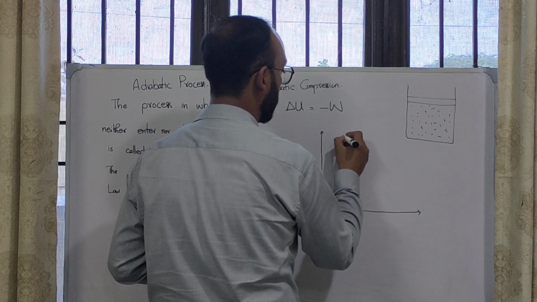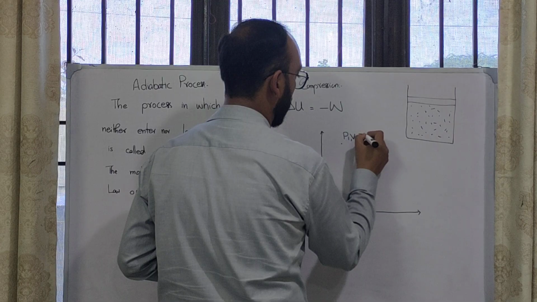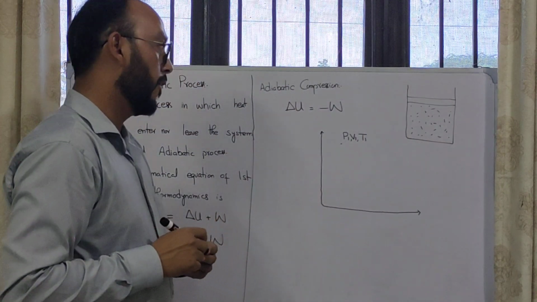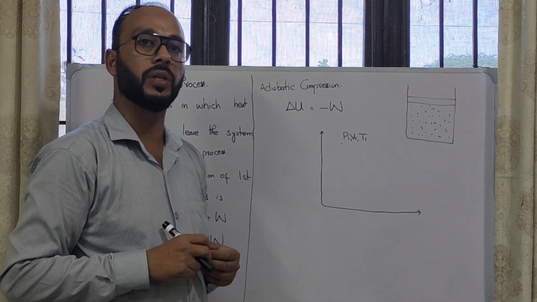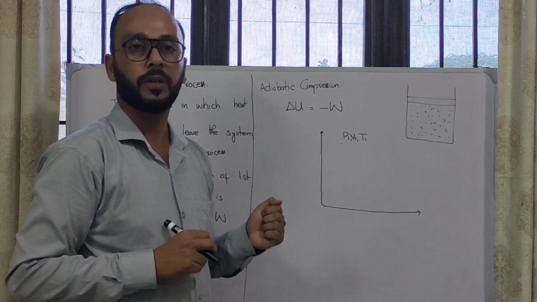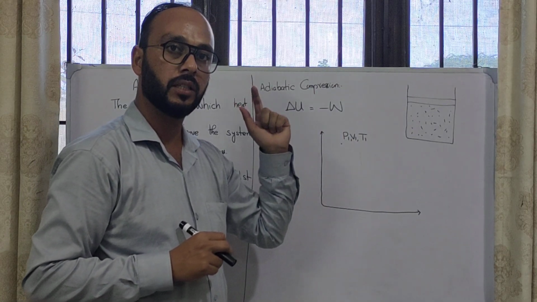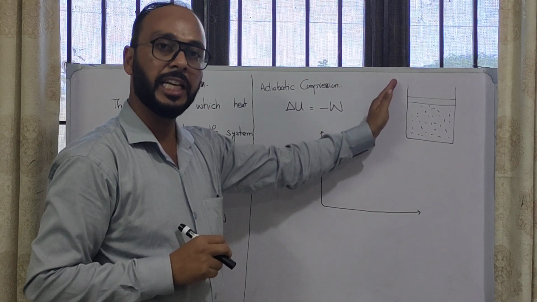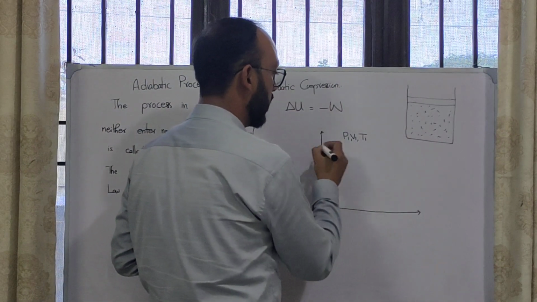The initial state of the system is P1, V1, T1. When the system is allowed to move in upward direction and the system does work on the environment, the volume of the system will increase, and as a result the pressure of the system will decrease.